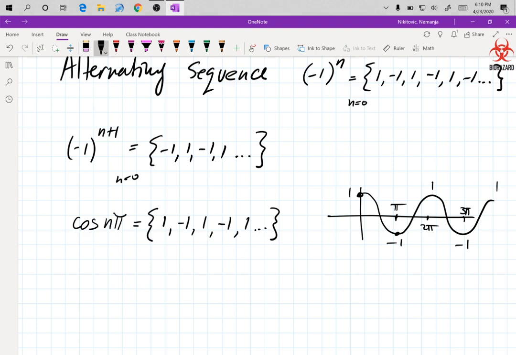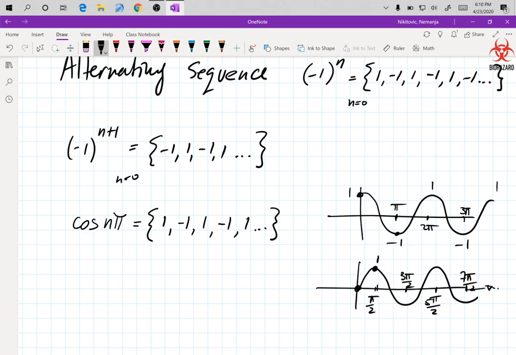And you can achieve the same with sine. That's pi over 2, that's 3 pi over 2, that's 5 pi over 2, and 7 pi over 2, going on forever. You get 1, -1, 1, -1 for y values.